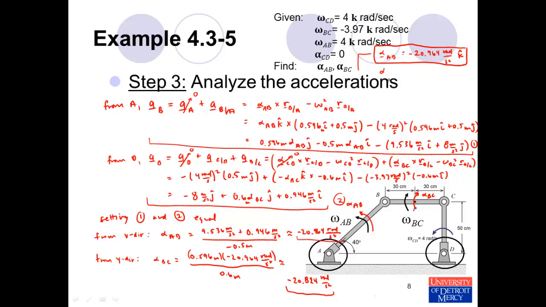So our final answer for the angular acceleration of BC is 20.824 radians per second squared. We initially thought it was moving in the clockwise direction. It's actually in the counterclockwise. We roll our fingers in the counterclockwise direction. Our thumb comes out of the paper, so that's the positive k.